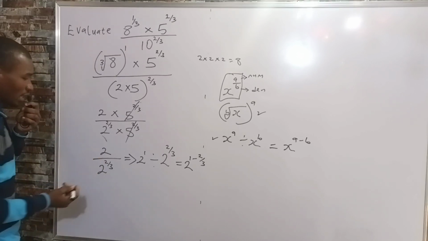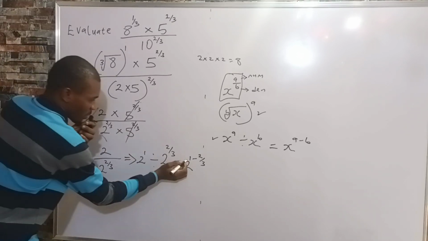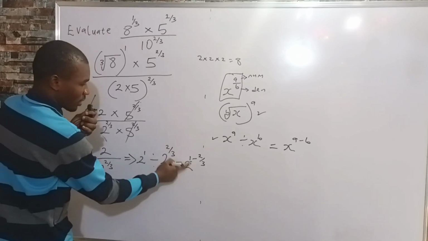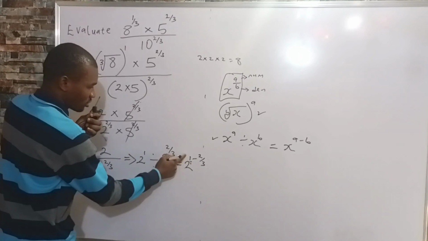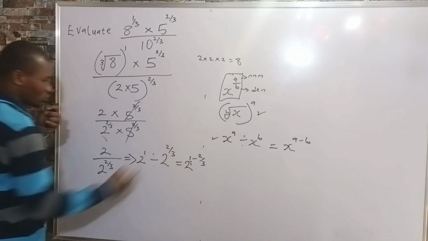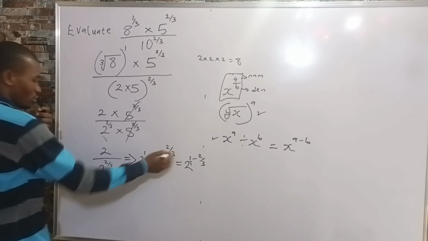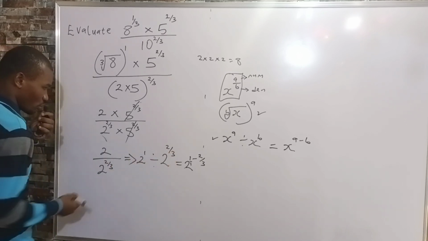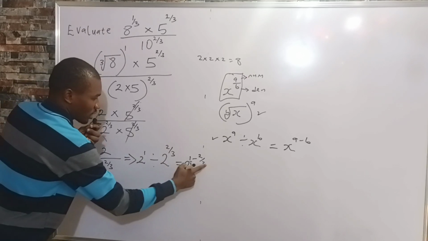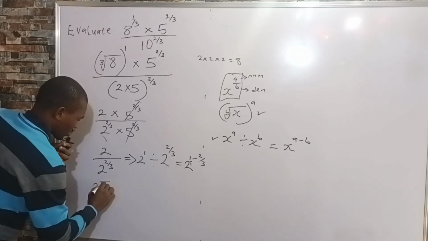In solving further, I have, remember this one is the same thing as 1 over 1, because any number divided by 1 is still that number. I did this so that it will help me to complete the solving in an easy way. So here I have 2. The LCM of 1 and 3 is what? Is 3.